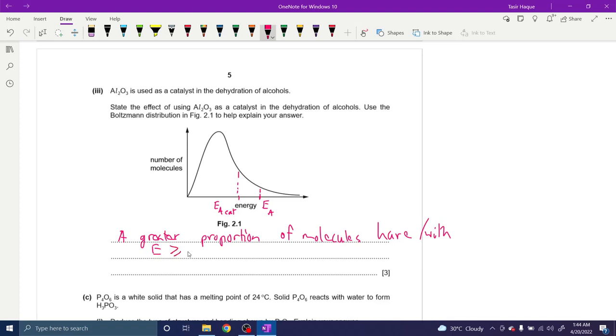Greater than or equal to. Now, the frequency of effective or successful collisions increases, okay?